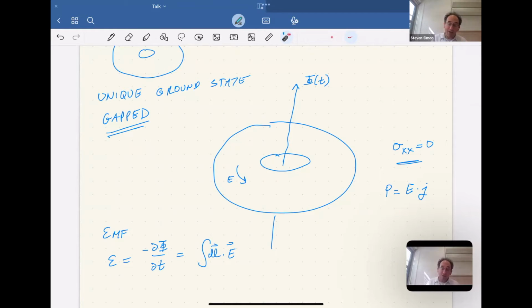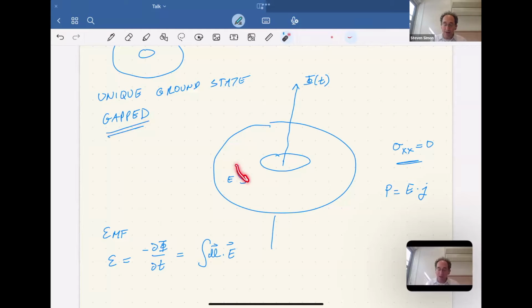And power dissipated means that you've somehow excited the system up to a non-ground state situation. The only way you can dissipate power is if you go from the ground state to a non-ground state. And we've presupposed that this is a gapped system. It has a finite gap.